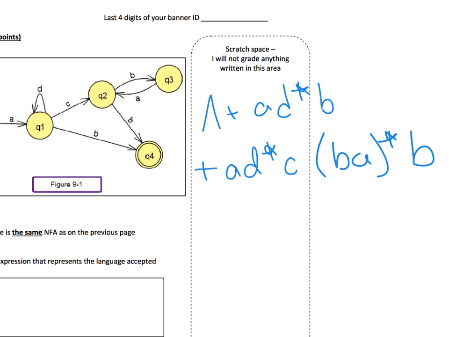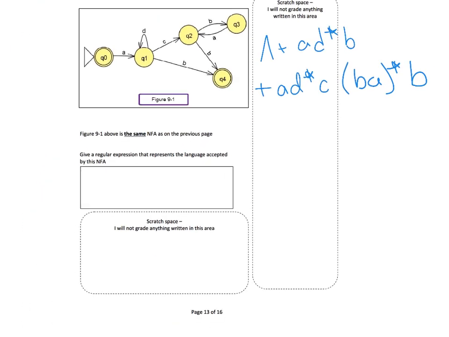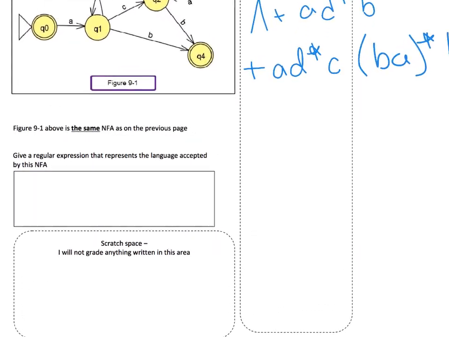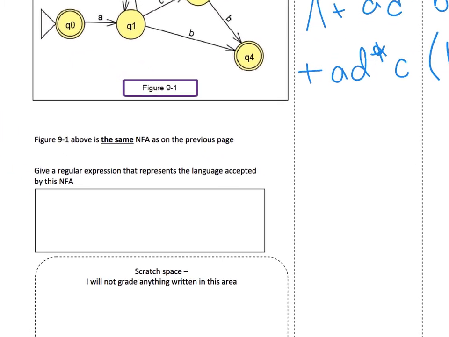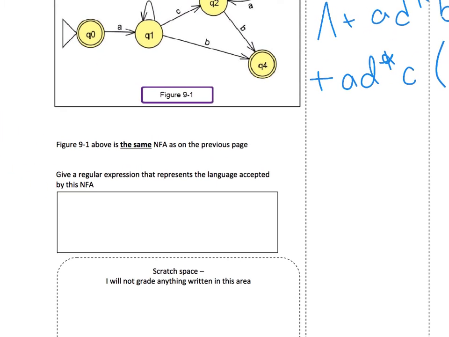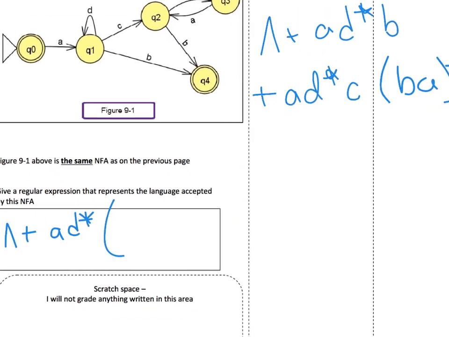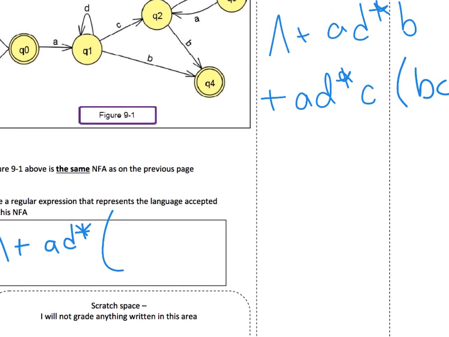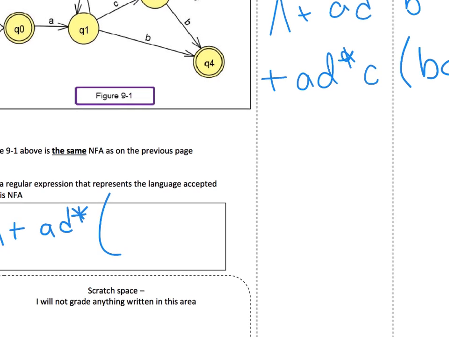You can write it like that. That would get you full credit. You don't have to simplify it, but you can also write it a little bit more simplified. So we could write lambda plus, and then it was AD star, and I can simplify it a little bit, and it's either times B, or it's times, start with a C, then as many, was it BA or AB?